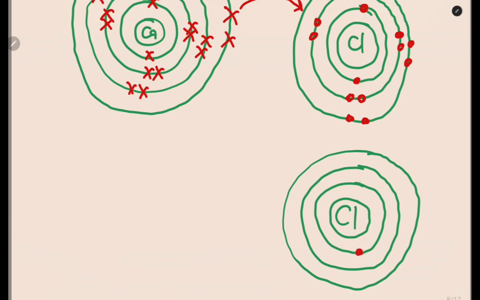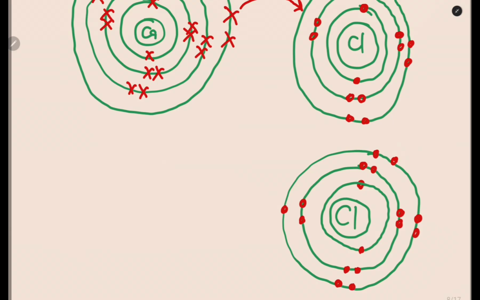Since we are dealing with chlorine, I'll maintain the dots for electrons. It shouldn't be here. We're supposed to have just 2 electrons. Let me put them nicely. So here we have 8 electrons. Okay, so here we have 7.